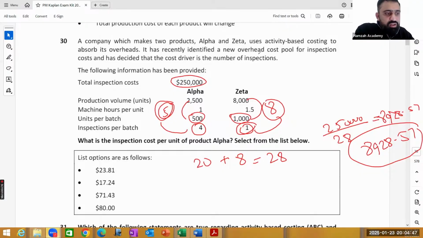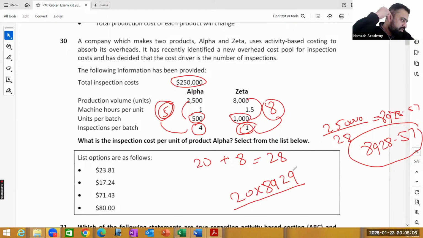Now the number of inspections in alpha, we are talking about alpha, are 20. So 20 into 8929, divided by the number of products of alpha, which is 2,500.